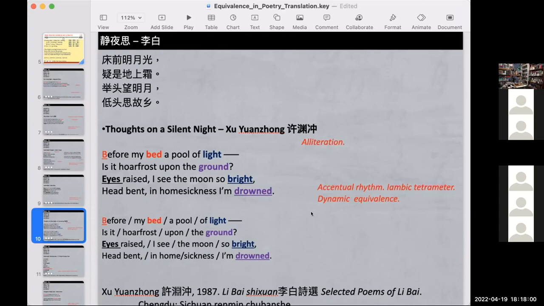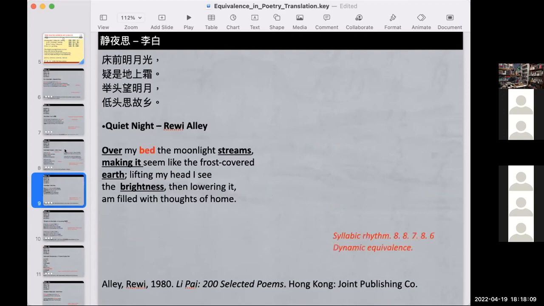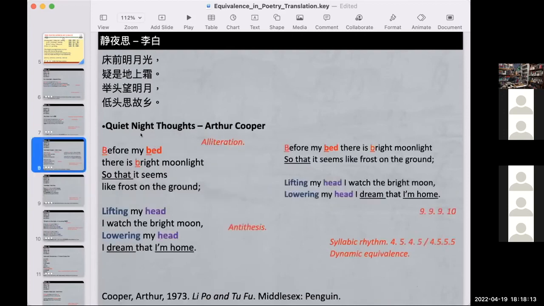I mean, if a native speaker reads this translation, will he enjoy it in the same way as this one done by Rewi Alley or this one by Arthur Cooper, which is a bit loose, a bit free translation? You can see that the language is more natural.